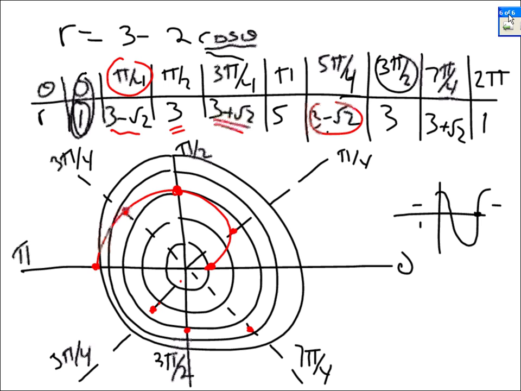Here, there's the typo. At 3 pi over 4, it should be plus, excuse me. Okay, and there is your graph.